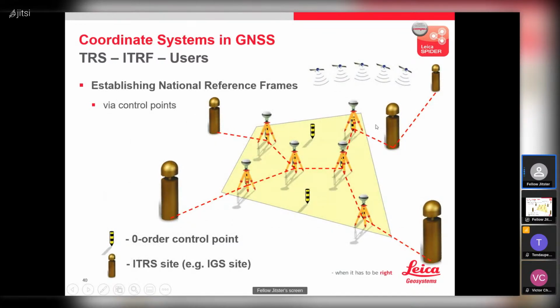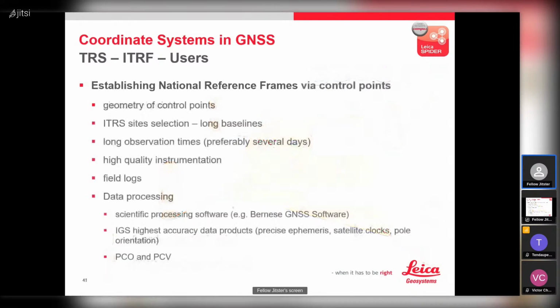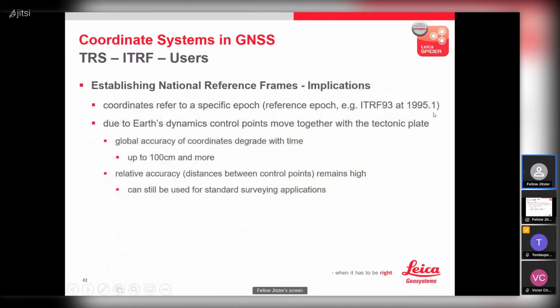So you can actually estimate the velocities for your whole network, and if necessary, based on the epoch here, you can very easily compute the current coordinates, or you can shift along the ITRF 2014 in this case, backwards, forwards, based on the velocities of IGS stations.